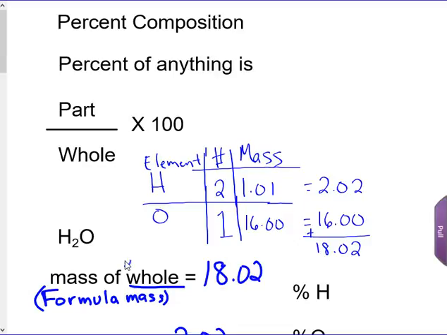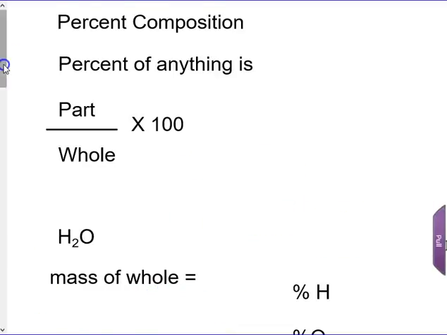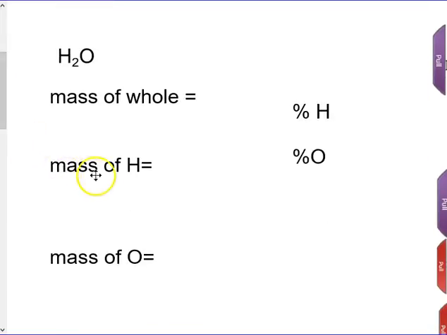Now, when I'm trying to determine the percent composition by mass of just the hydrogen or just the oxygen, I can break it up into two parts. So you should write this down. Mass of hydrogen equals, mass of oxygen equals.